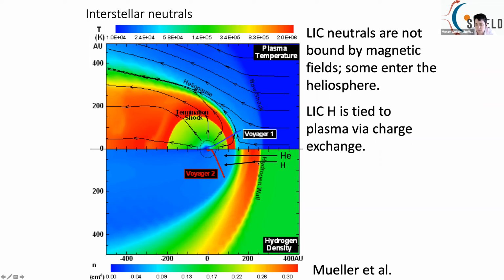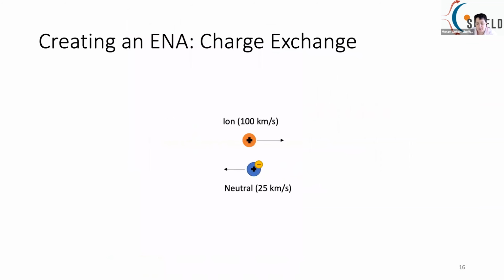Okay, so what are the pickup ions? An ion and a neutral from the interstellar medium encounter each other, and they can charge exchange, this process that I told you about.